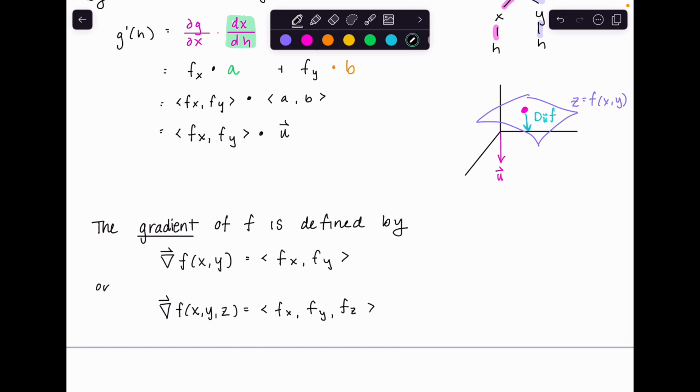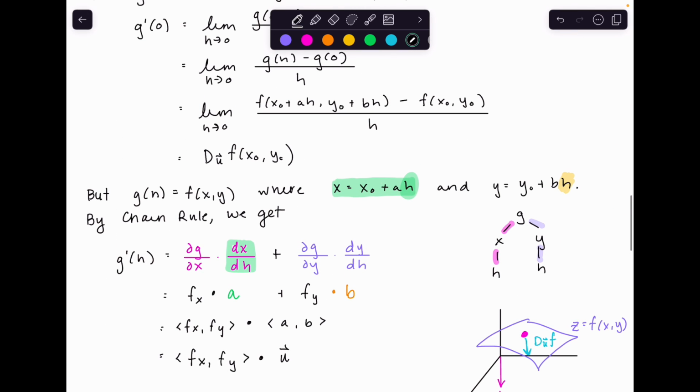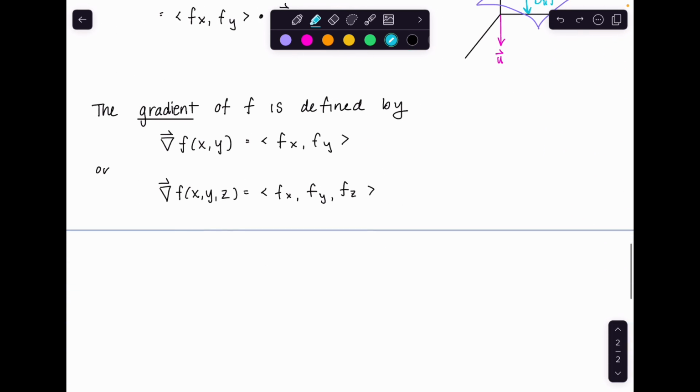So all of this work, I still haven't gotten to how to actually calculate this directional derivative. But however, remember g prime of 0 is exactly the directional derivative. So if I just plug 0 into this expression, that will give me my directional derivative. Well, when I go ahead and plug 0 in for these things, all it does is give me my x naught, y naught. So this last little bit is going to tie it all together, and in practice, calculating the directional derivative is really not that bad.